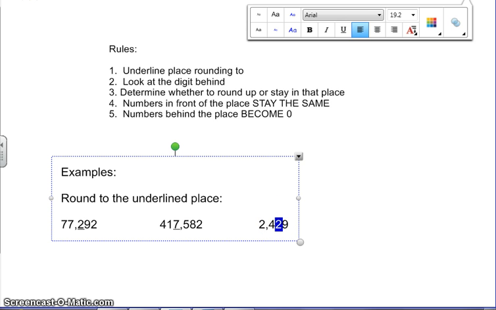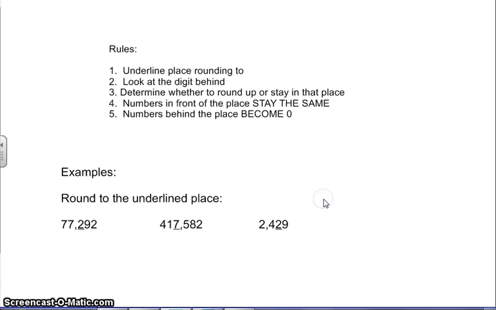When you're done, bring that to Miss Johnston. Make sure you understand all this. If you need to go back and review anything, understand anything, listen to anything, or if you just are lost and need help, come see me. Otherwise, when you have rounded to the correct underlined place, come get your assignment from me.